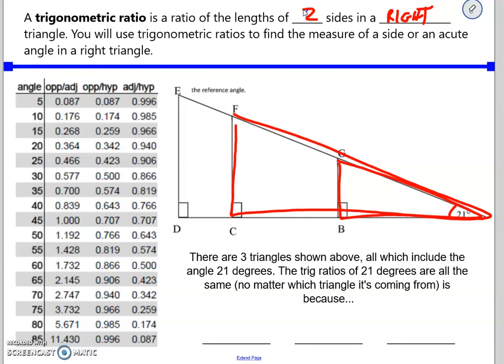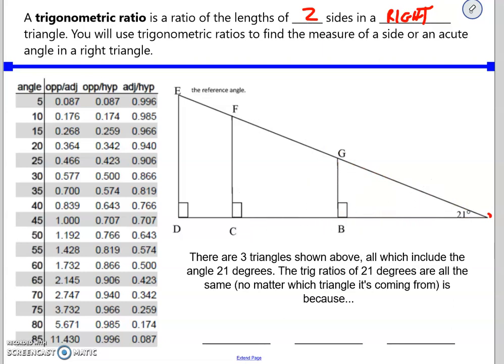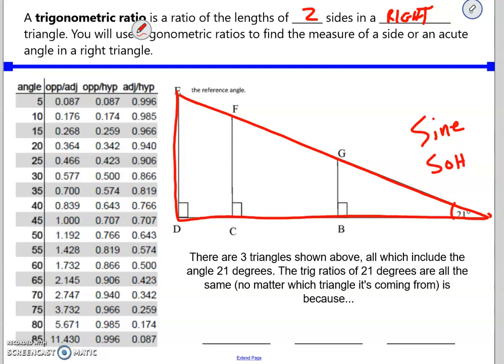What I'm trying to show you here is that it doesn't really matter which one of those triangles we're looking at. If I wanted to say, let's find the sine of this 21-degree angle, I could choose any one of those three triangles to solve for, right? And if I'm looking for the sine, let's see, that would be SOH CAH TOA. Sine is the opposite side, which takes me all the way across.